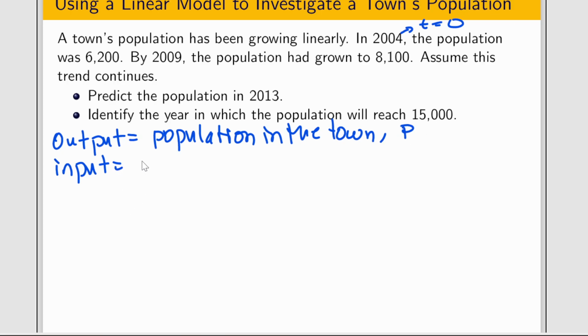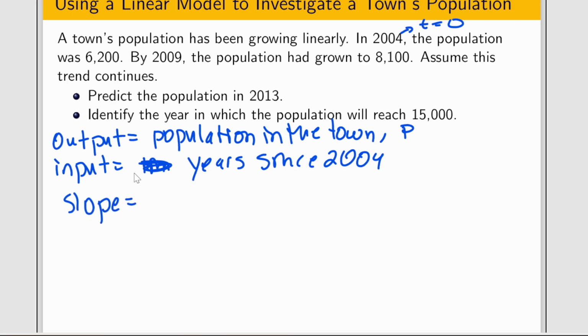And our input is years, so I should specify the unit of measurement, years since 2004. Now I don't need to solve for my y-intercept, I know that directly, but I do still need to find my slope. My slope, remember, is change in output divided by change in input.